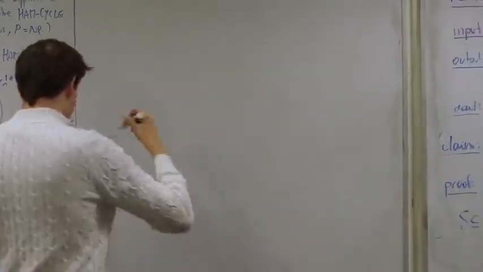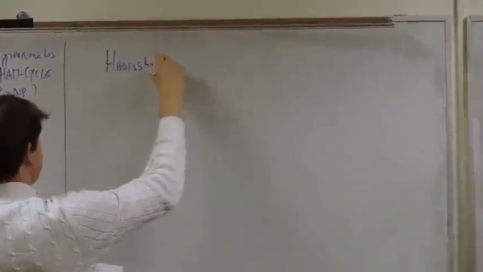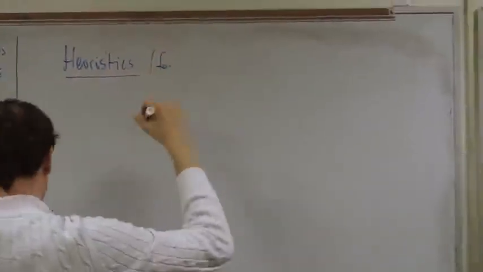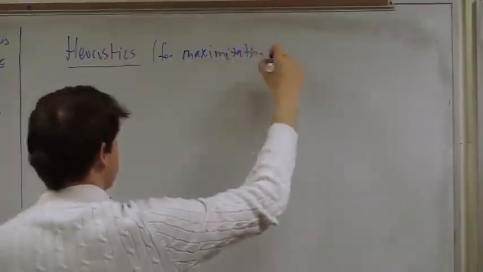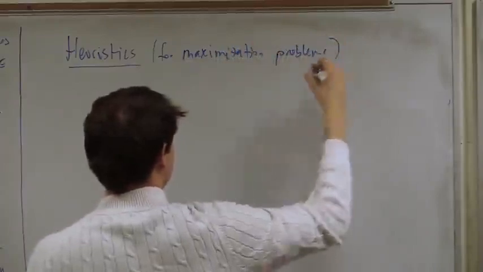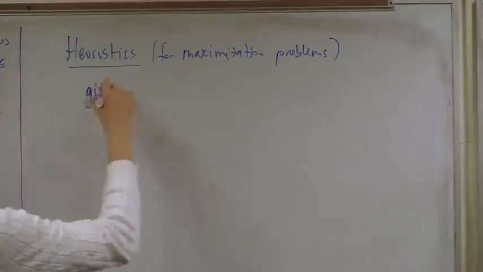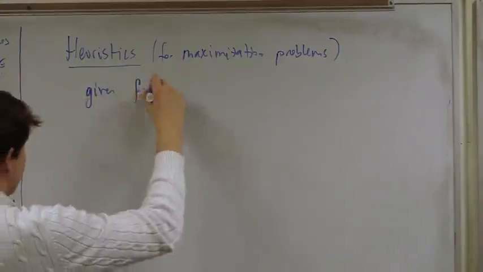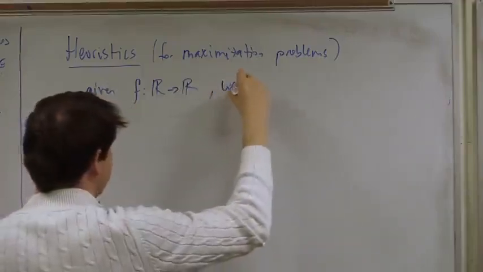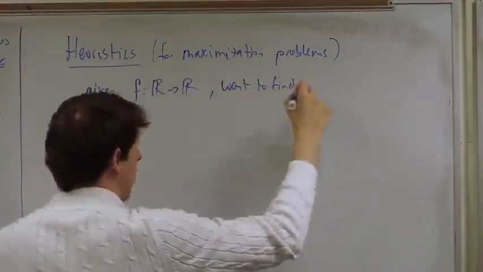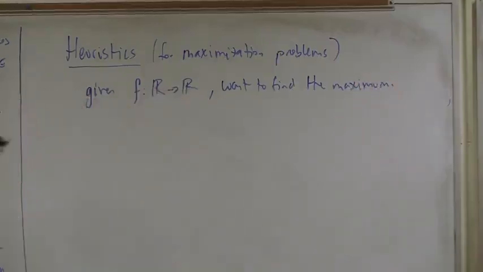So let's talk a little about heuristics, again for say maximization problems, and something similar holds for minimization problems. So for example, a common problem is that you're given some real function, let's say from reals to reals, and want to find the maximum of the function if it exists. Okay, so if it's unbounded, then it doesn't matter.